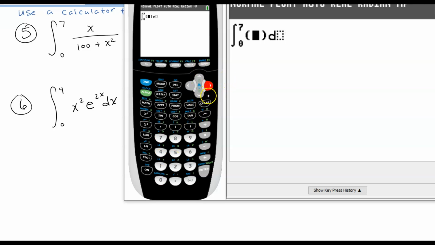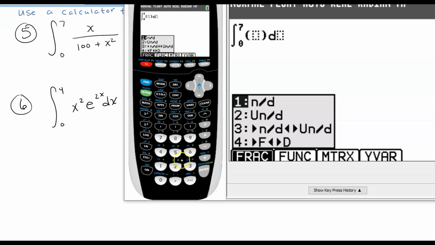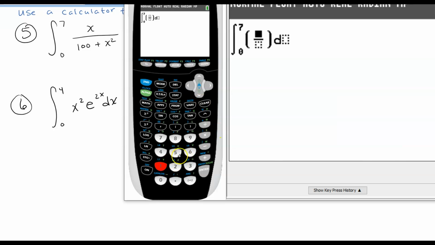Again, the hardest part is going to be typing in the function. We're going to hit Alpha Y= to bring up our special menu, number 1, because we are integrating a fractional or rational function here: x over 100 plus x squared. And then we have to tell the calculator what our variable is. Our variable here is x. Okay, and so we're set up.